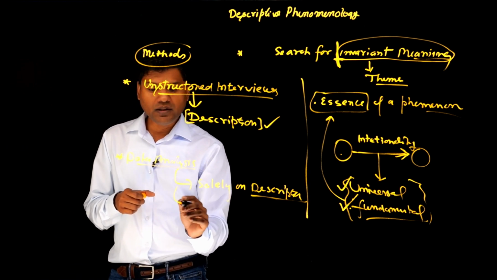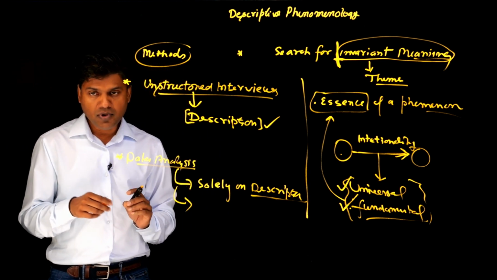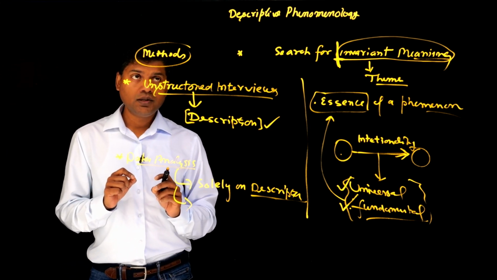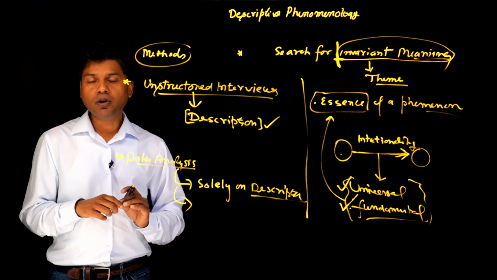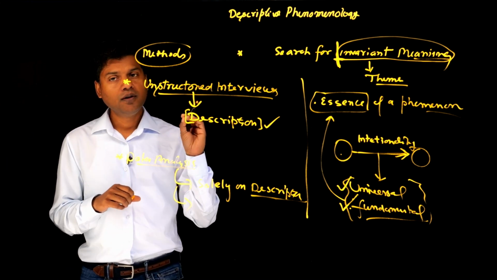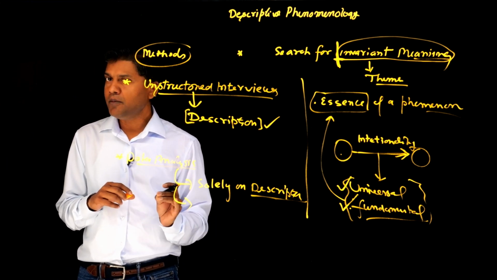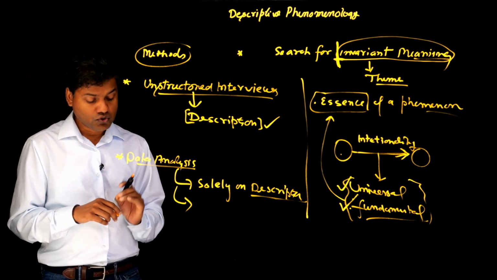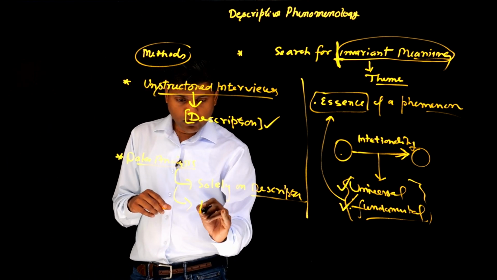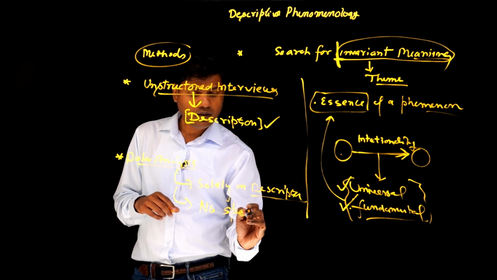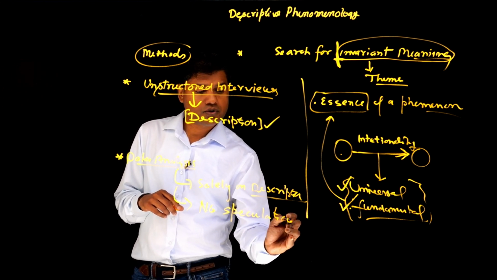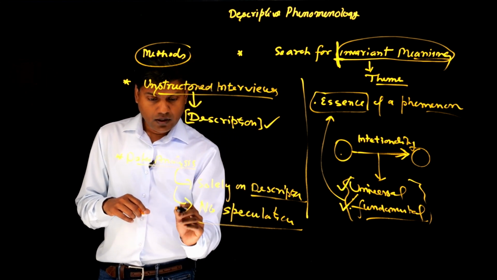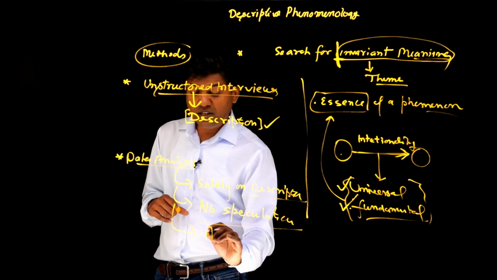And when you are doing the data analysis, at that time, you do not speculate. If there is an excerpt where you are not really sure about what the participant is describing, then you do not do any second guessing. So no speculation when it comes to data analysis.